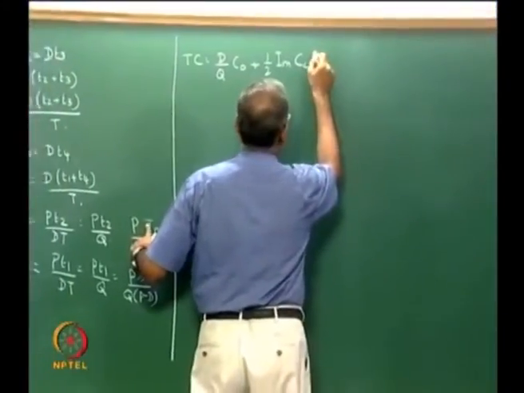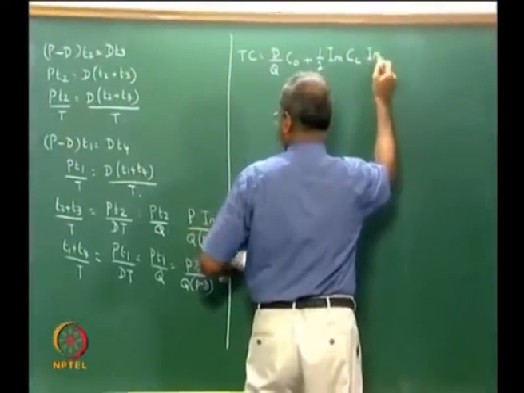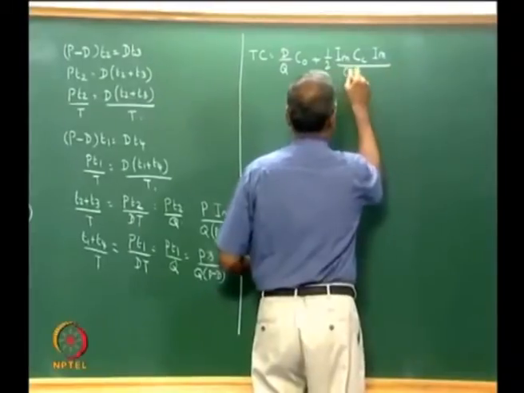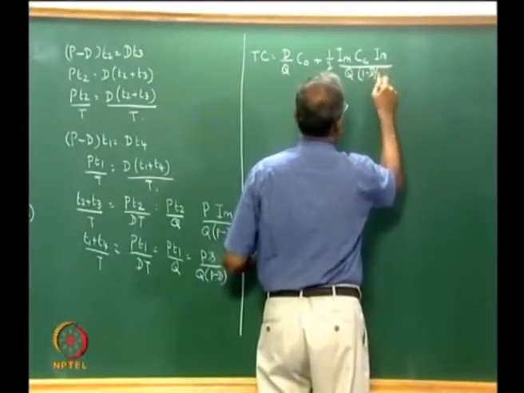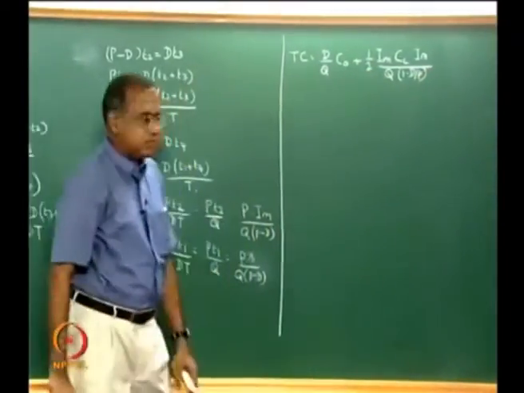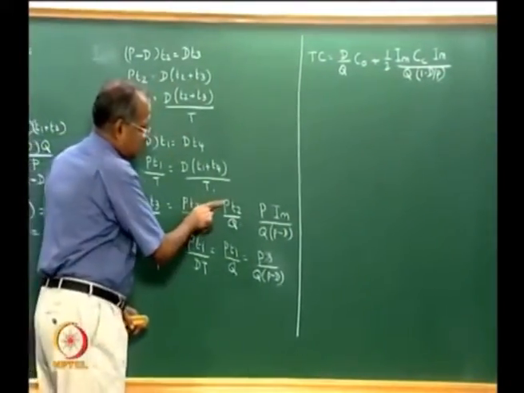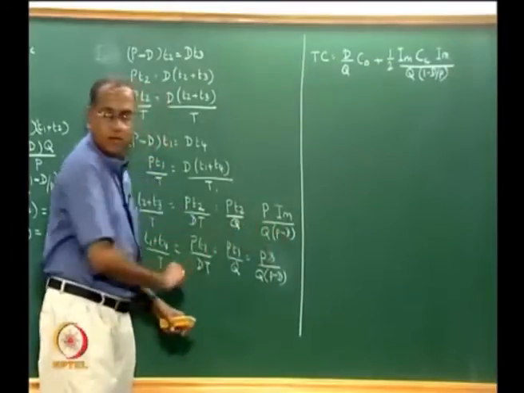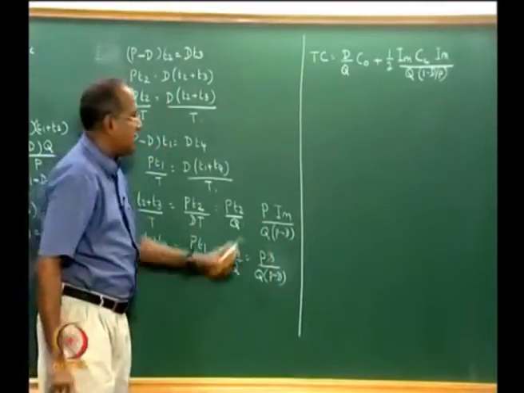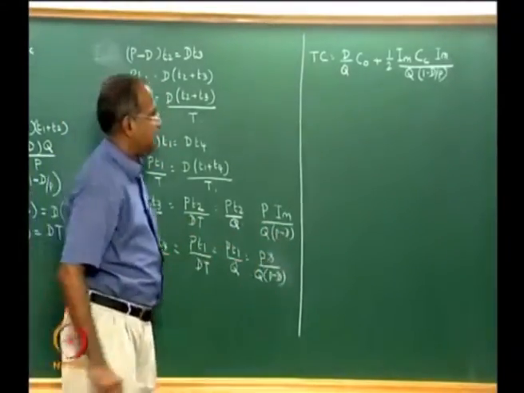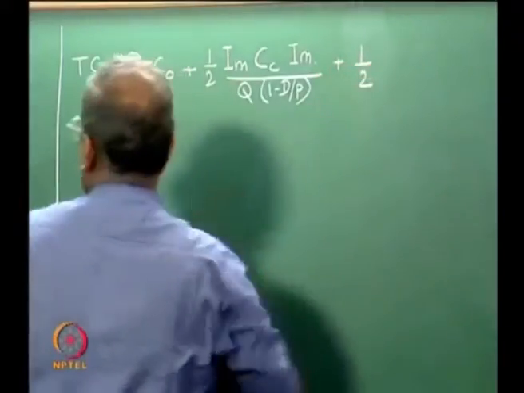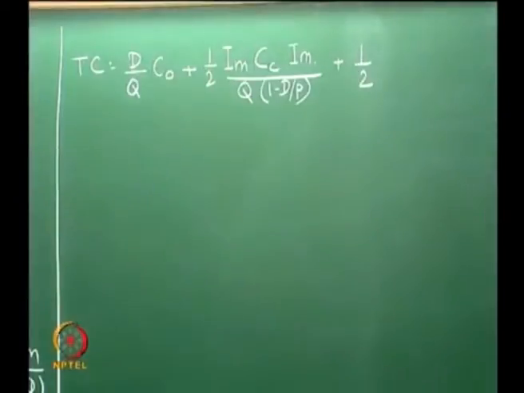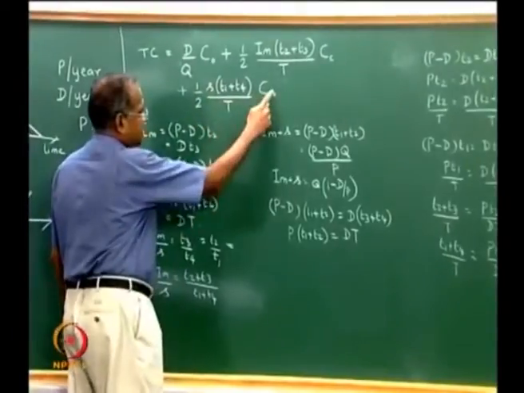This is written as Im divided by Q into 1 minus D by P. This P is brought back into the denominator as division by P. So, you get 1 minus D by P plus half into, now the third term, half into S by T into Cs.